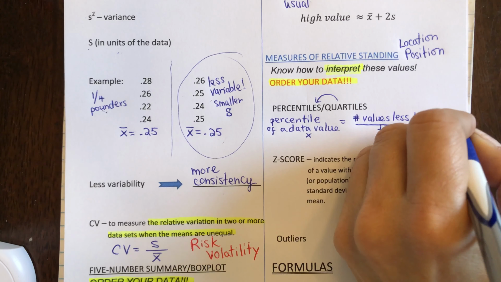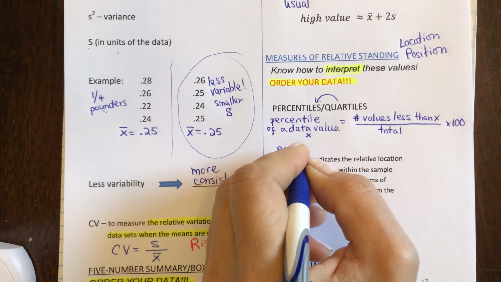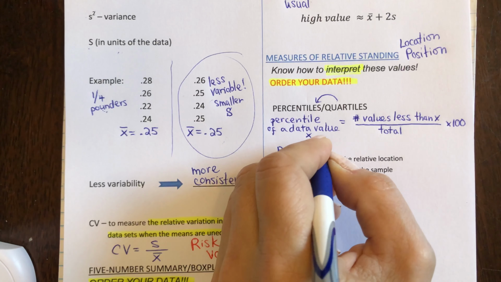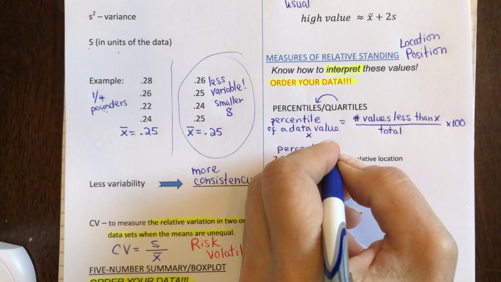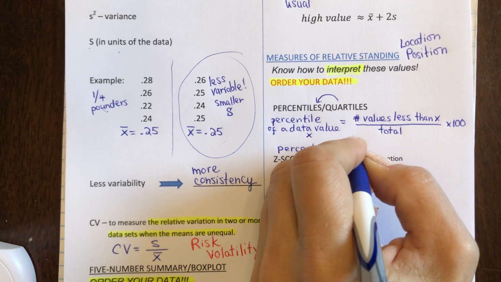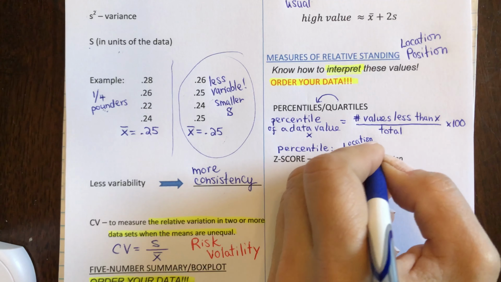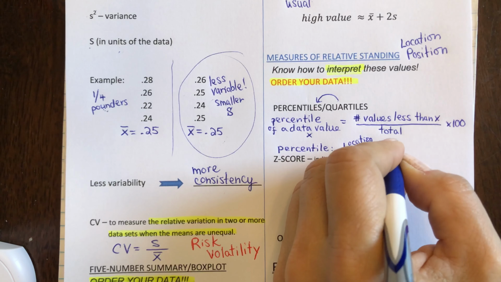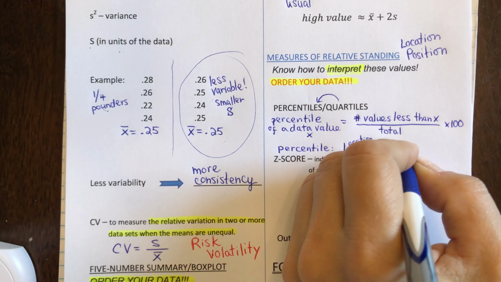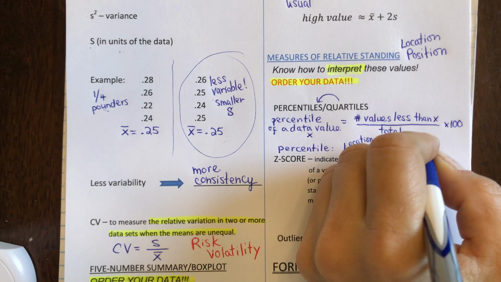And if you just want to know what a percentile is, remember, to find the percentile, we just look for the location, okay? So what you're going to do is take the percentile in percentage form, right?